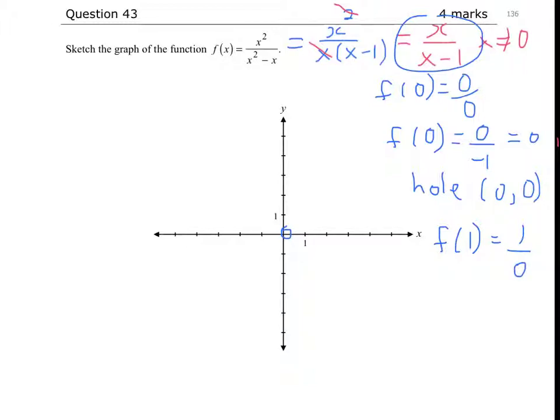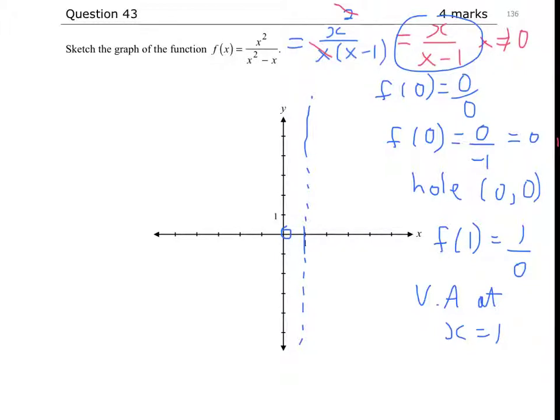And that is asymptotic behavior. So there is a vertical asymptote at x equals 1. So I'm going to draw in that vertical asymptote as well. All right, so that's the first thing we looked at, the restrictions.